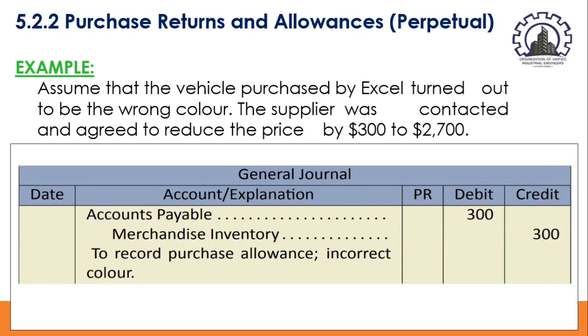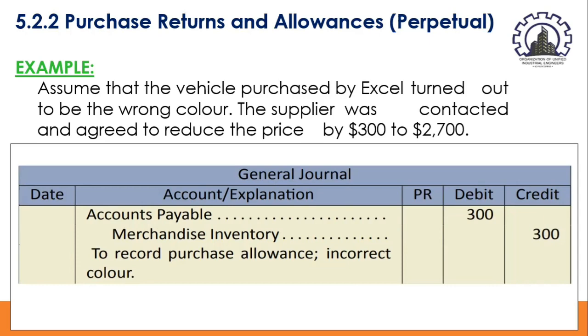And this is calculated by $3,000, which is the original price, minus the purchase returns and allowances of $300. So all in all, that's going to be $2,700, as the amount owing to the supplier. Again, the perpetual inventory system records changes in the merchandise inventory account each time a relevant transaction occurs.